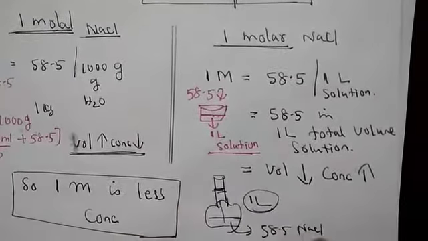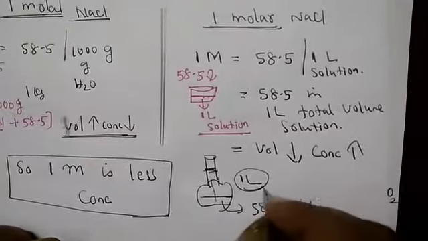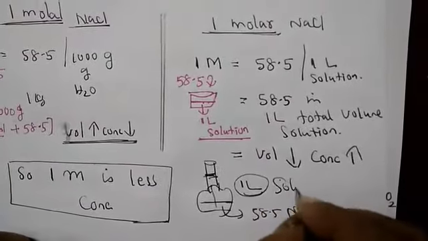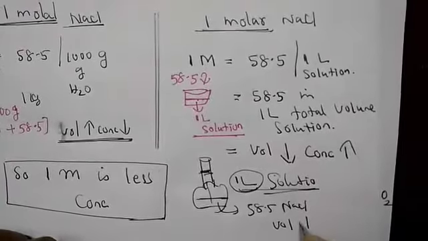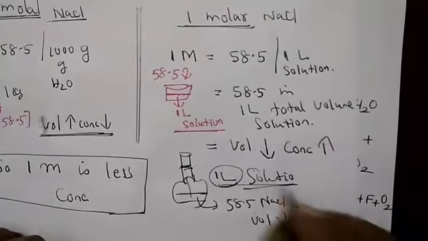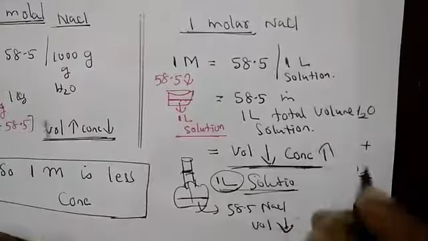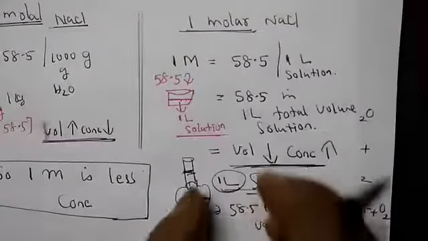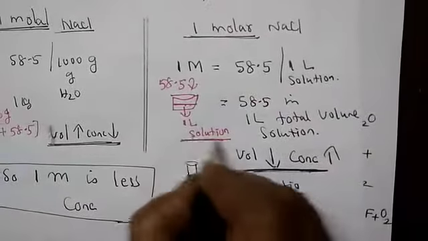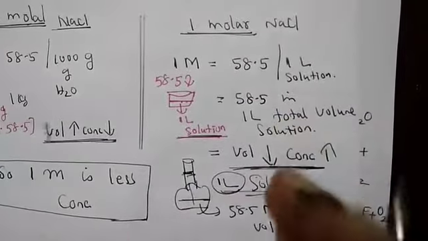That means the volume of the solution is 1 liter. The volume is what is fixed, so the concentration is standard. This is the standard process of how to prepare a 1 liter solution.